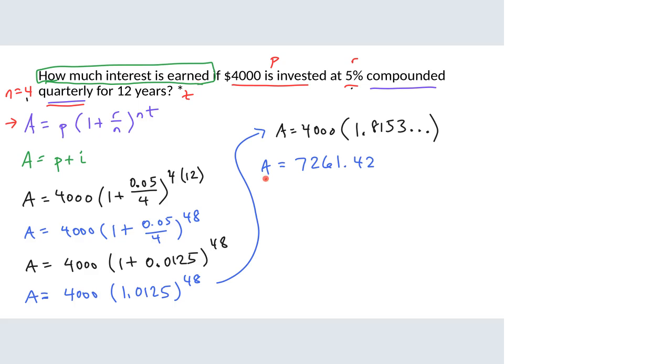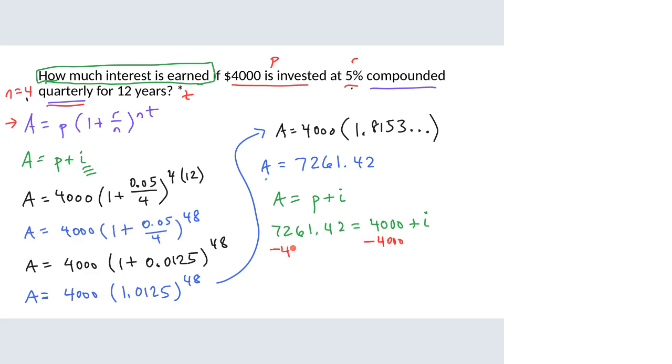I don't need to know A, I need to know I. And so we're going to use the other formula of A equals P plus I to figure that out. And our future value of 7,261.42 is going to equal a principal of $4,000 plus I. In order to get I by itself, we need to subtract 4,000.